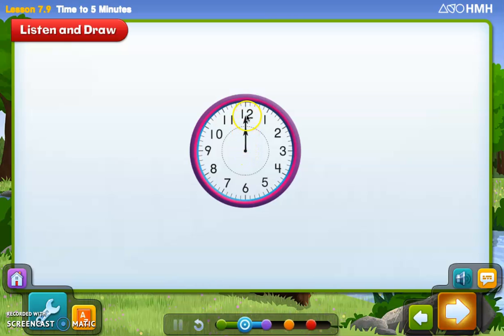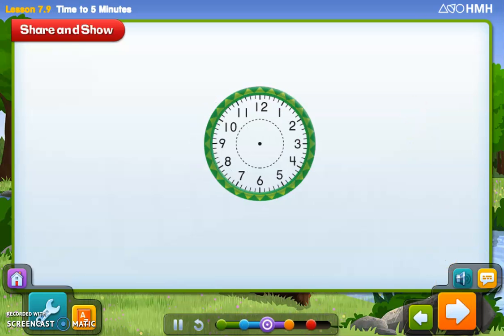So the hour is 12 o'clock. But then remember, to represent o'clock, the minute hand also is on the 12. So 12 o'clock would have both hands pointing to the 12 because, like she said, no minutes have passed since 12 o'clock because it's exactly 12 o'clock. Okay, so just a refresher there for you. Now let's show time to 5 minutes.